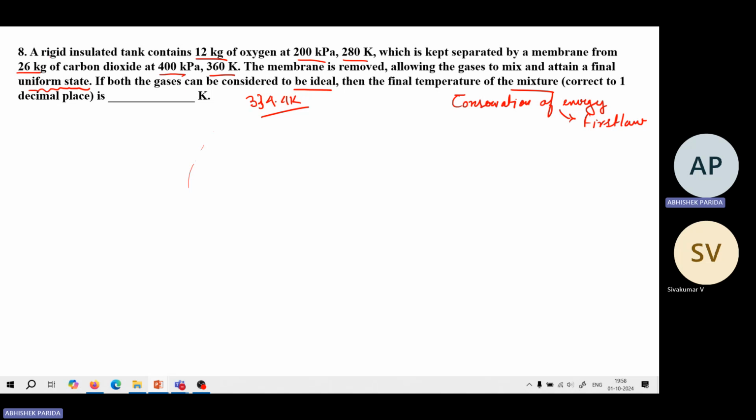Then the second thing is rigid insulated tank. What does rigid insulated tank mean? Rigid means the volume cannot change, so delta V is equal to 0. That means there won't be any boundary work due to the displacement of the boundary. So work done is 0.